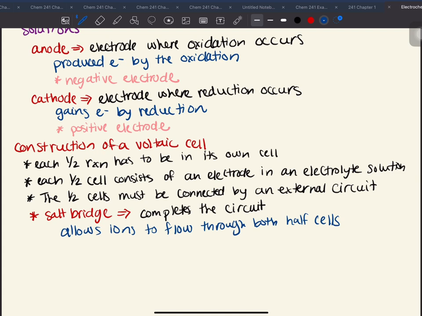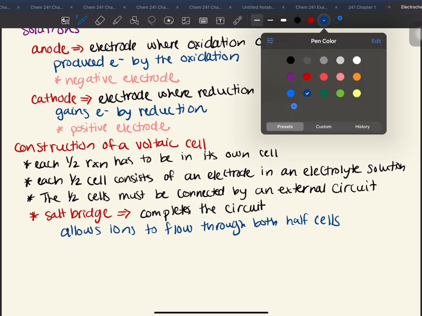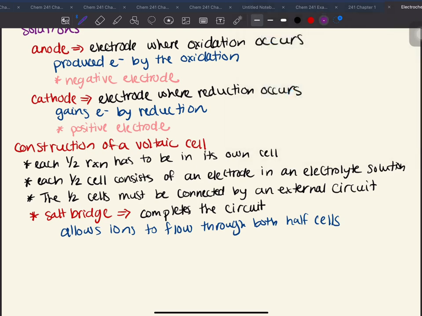The salt bridge is generally made up of an ionic compound that is soluble. One of the most common that you will see is something like potassium nitrate, and it is soaked in some sort of gel so that it doesn't just fall out of the salt bridge.